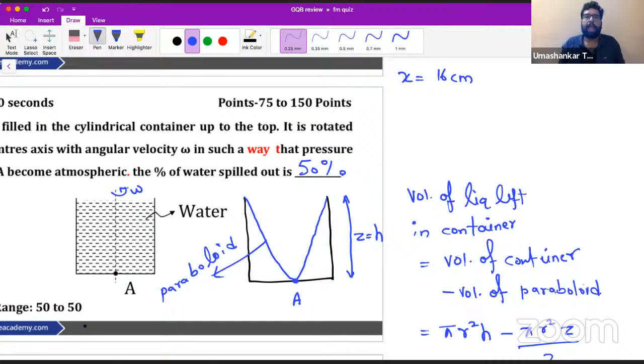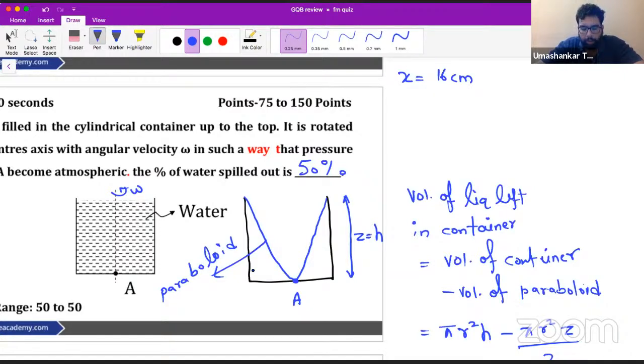And we also know that whenever we make rotation, we always end up with a paraboloid. Now, if any other paraboloid is formed, the pressure at point A would not be atmospheric. Is it fine to you guys or not? So this is a standard case.